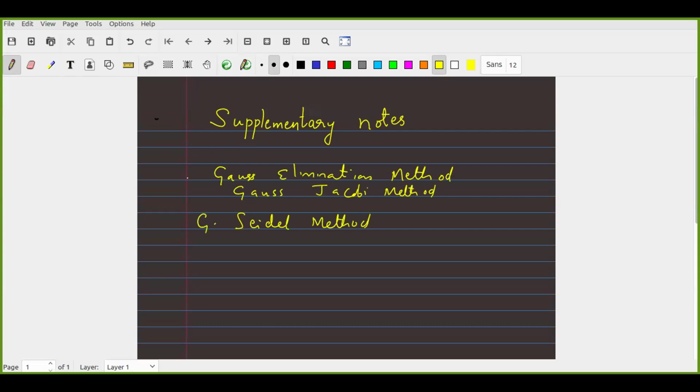So this is matrix based, so we have done it, but I'm quickly going to look at the distinction between this and this.